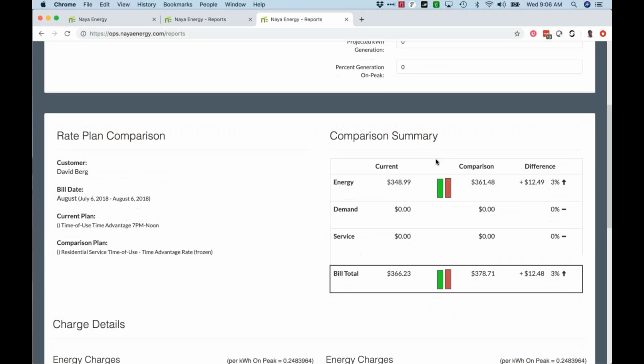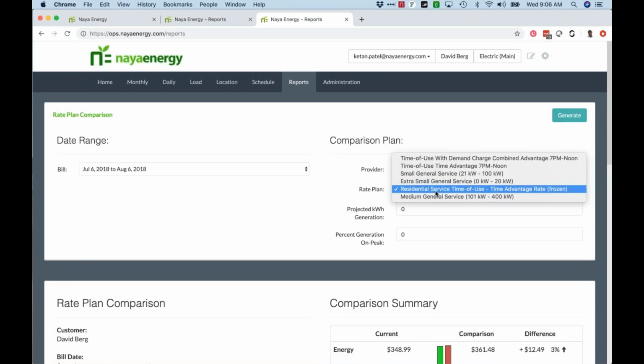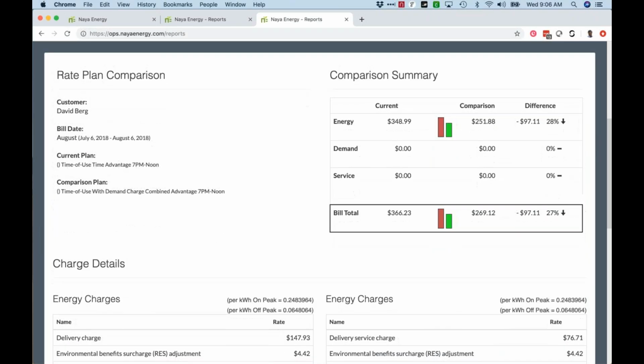So you can compare, based on your actual usage, what you would pay on two different rate plans. And let's say you want to look at something with a demand charge. If I paid less per kilowatt hour and added a demand charge, would I be ahead?